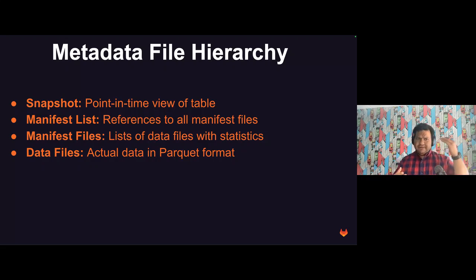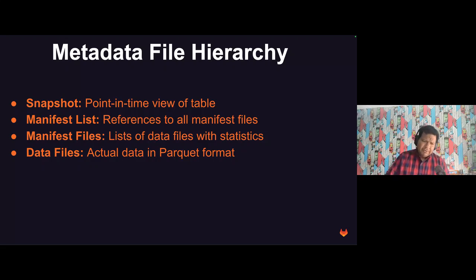In the hierarchy, the snapshot is at the top, then the manifest list, which contains information about all the manifest files referencing it. The manifest file itself contains the list of data files with statistics, ranges, and all the other important information required to identify a particular row inside the data file.